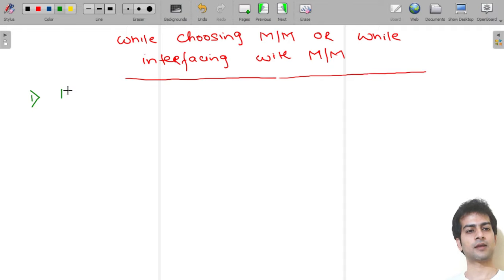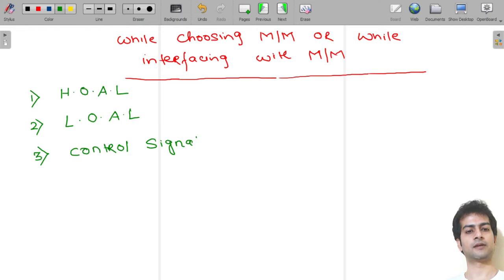First is the higher order address line. Second is the lower order address line. Third is the control signal.